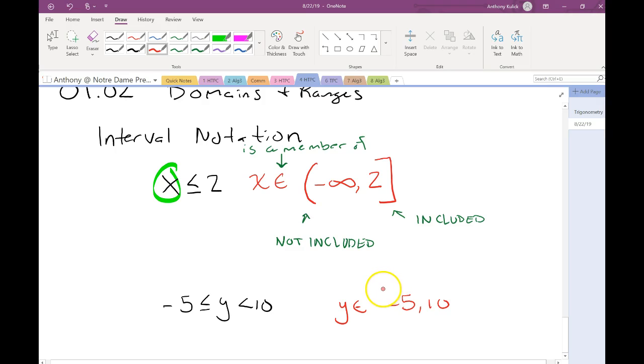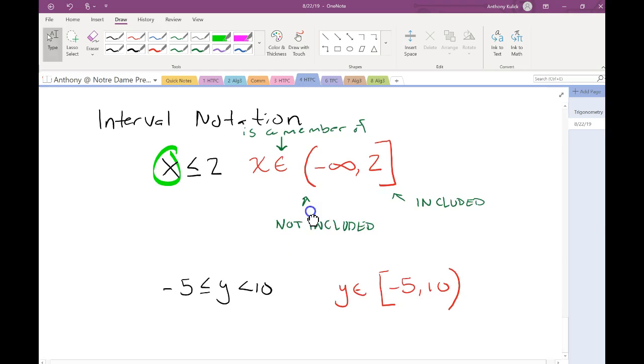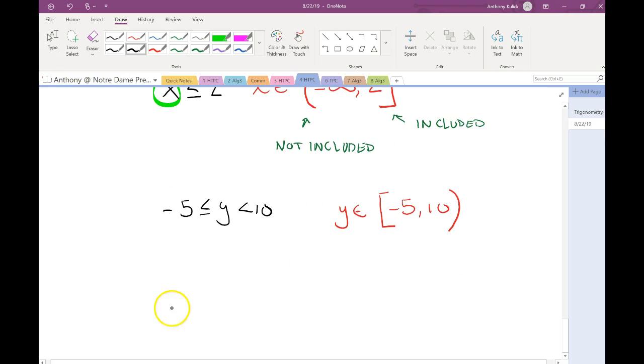Included because of the less than or equal to, so that'll get a bracket. And the 10 included or not included? Not included because it's a strictly less than inequality, so that will get a parenthesis. Everybody happy with that? Okay. We'll do one more, and then we'll move on to talk about ranges.